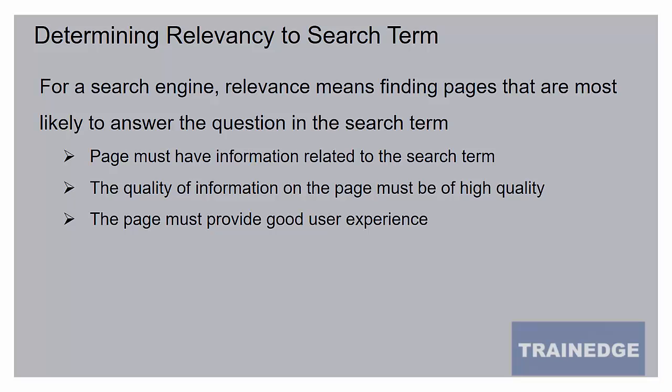For example, if the page has too many ads, it degrades the user experience because it will be difficult for me to read the page. If there's an ad after every two sentences, then I'll need to scroll a lot, I'll need to skip, and it'll break my continuity of experience. So Google looks at even those factors in determining the relevancy of the page to the search term.